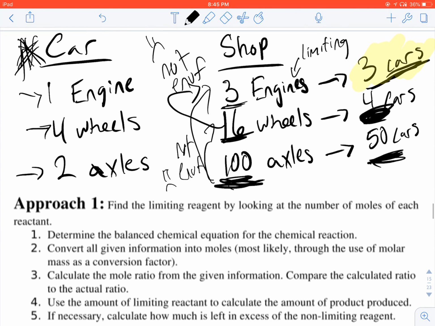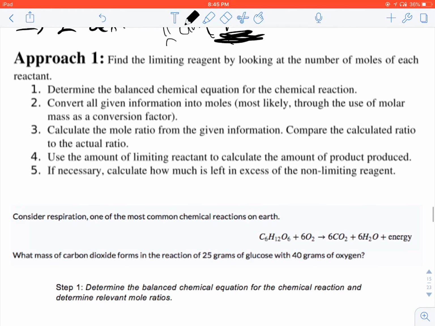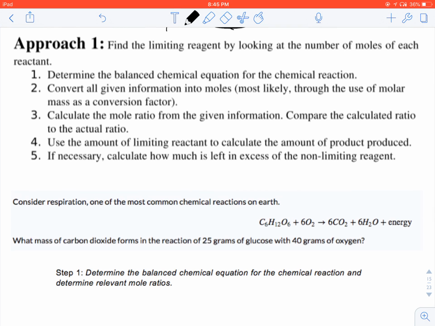So we're going to apply this now to chemical equations. So there's 2 main approaches to determining your limiting reactant or limiting reagent in a reaction. And here's the first one. So there's 5 little steps. The main thing with this one is we're going to be comparing the amount of reactants needed. In approach 2, we're going to be looking at how much product each reactant can make.